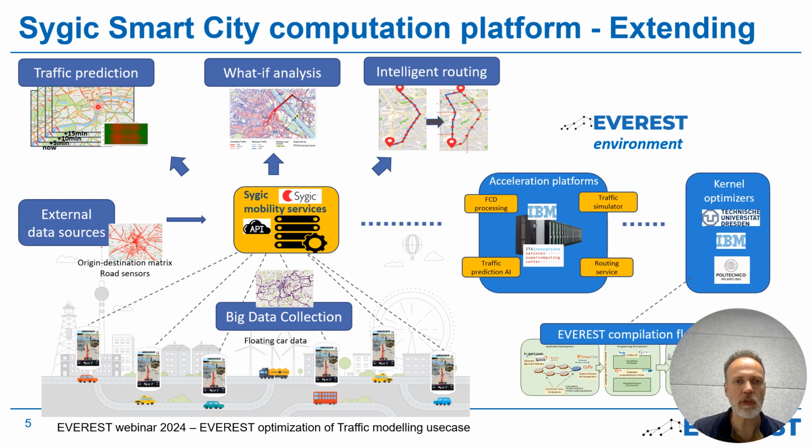Traffic prediction is to visualize the current traffic state on the road network of the city, as well as to see prediction 5 minutes, 10 minutes, 15 minutes, 1 hour ahead of time. What-if analysis is the tool which allows us to see what if scenarios.